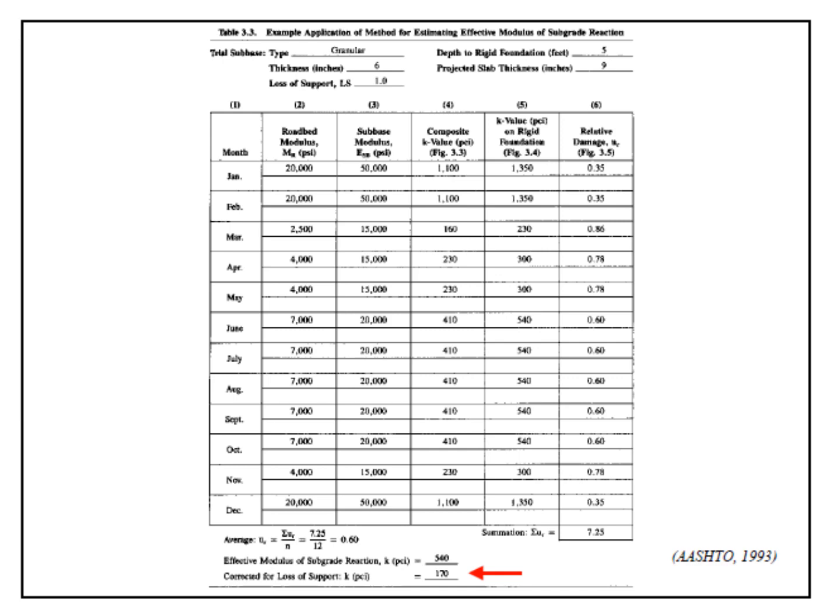And you know, by the use of the nomograph, ultimately we will get the thickness of the concrete slab, that is the thickness of the rigid pavement.